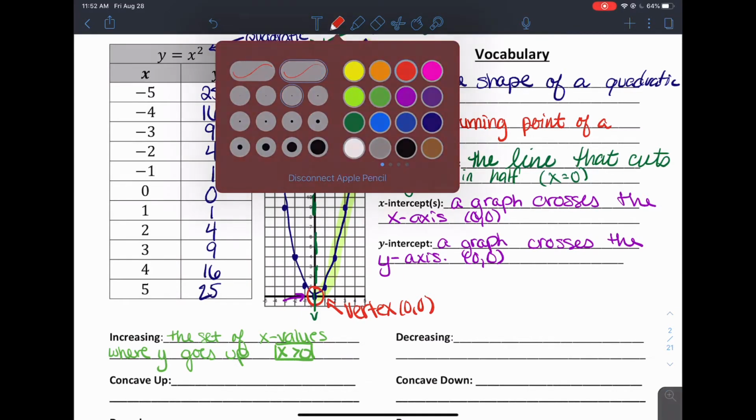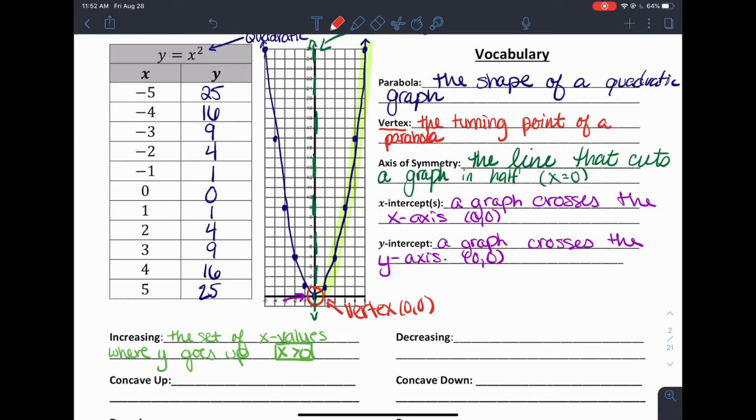We can apply the same logic for decreasing, because decreasing is the set of x values where y goes down. And if I think about that in terms of my graph again, where is the temperature of this graph going down?